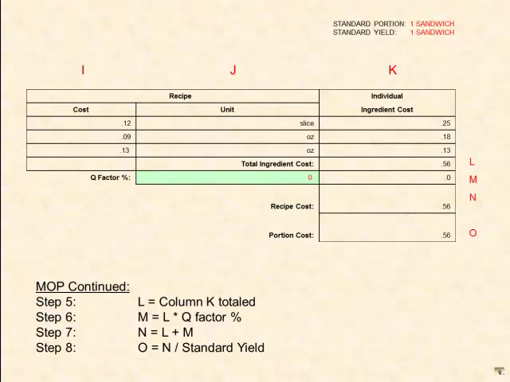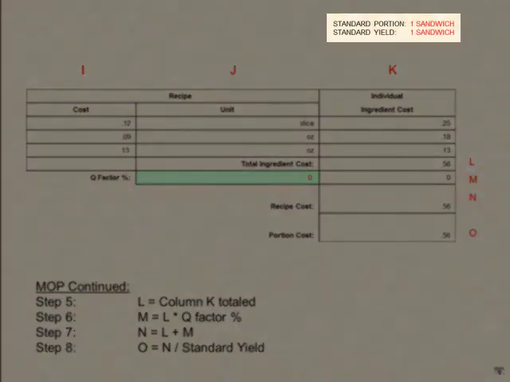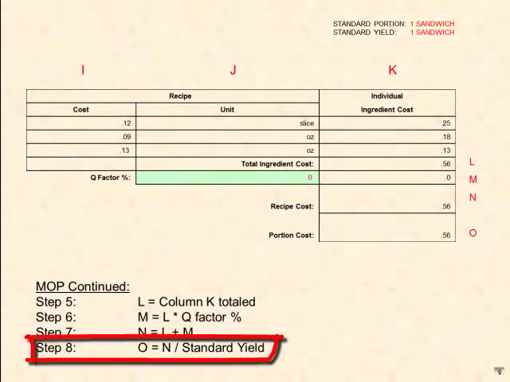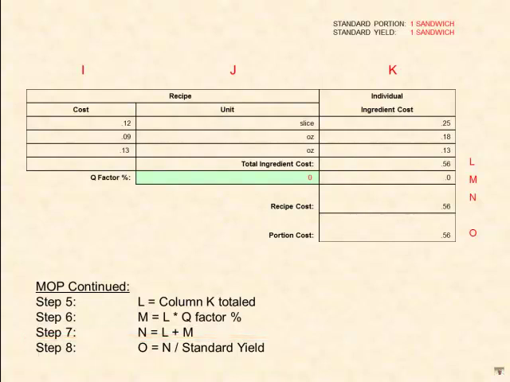You need to figure out what it costs for one cookie, or one piece of cake, or one chicken breast. In this case, if you look up to the top right corner, the yield is 1 sandwich, so the number stays the same. The recipe is 56 cents divided by 1. As you'll see at the bottom, step 8, N divided by the standard yield, which is 1, still gives us 56 cents. Okay, you with me?